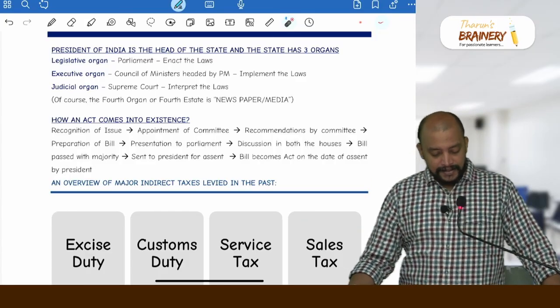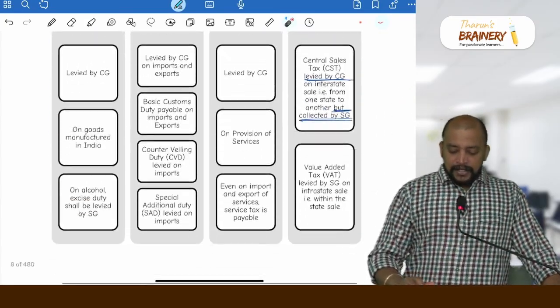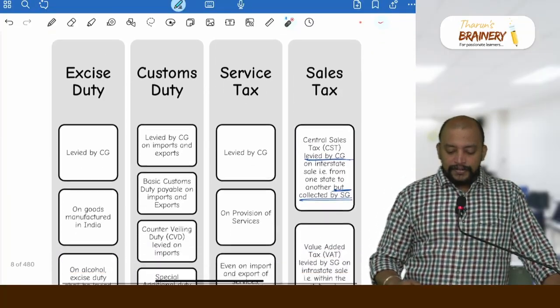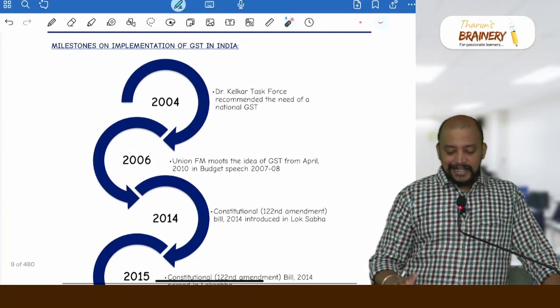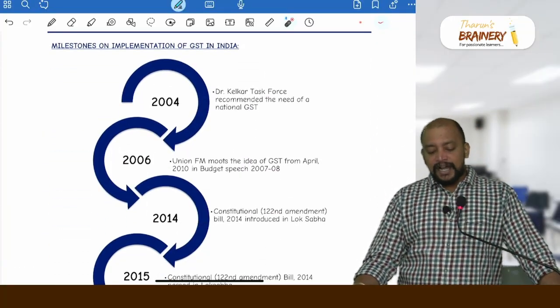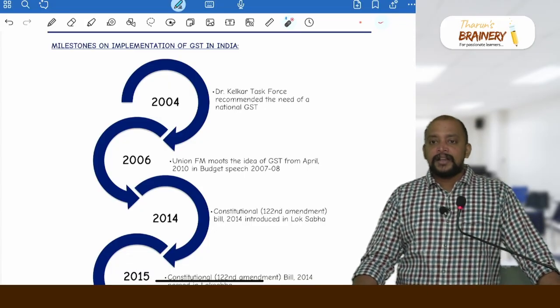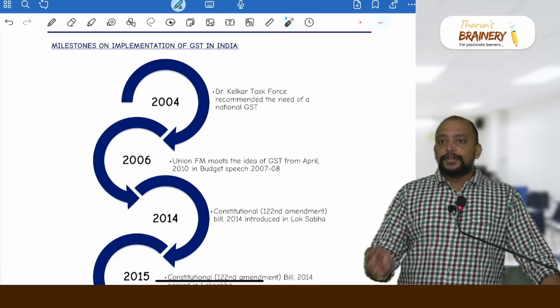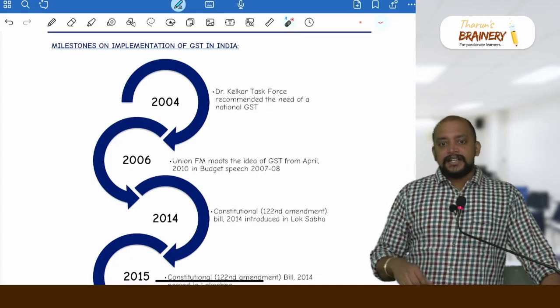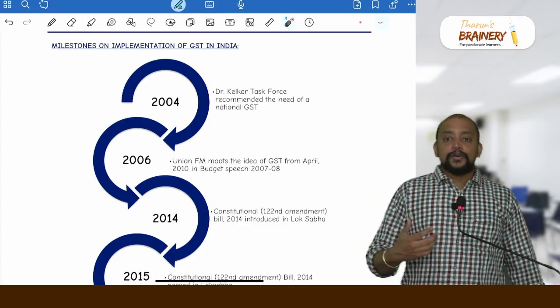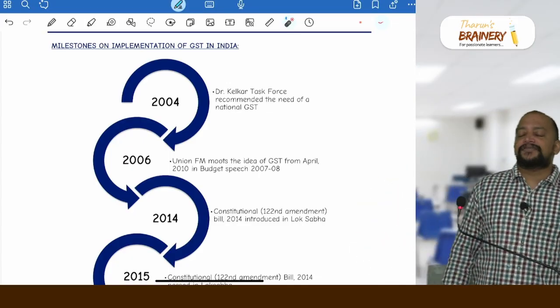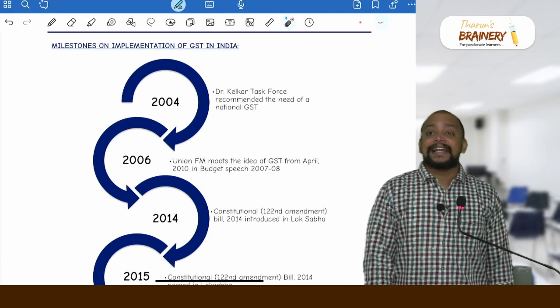Then we already discussed the overview of major indirect taxes. Look at the next page, milestones in implementation of GST in India. We have to remember a few periods. Who gave the advice of implementing GST in India? Dr. Kelkar Task Force.